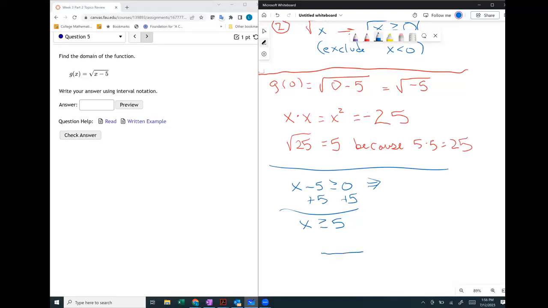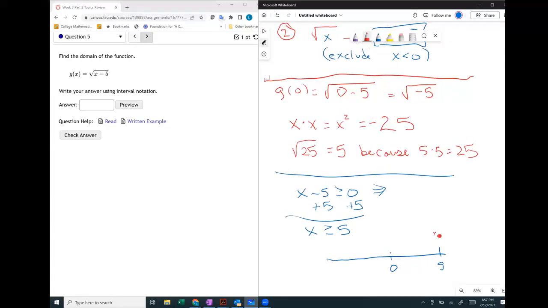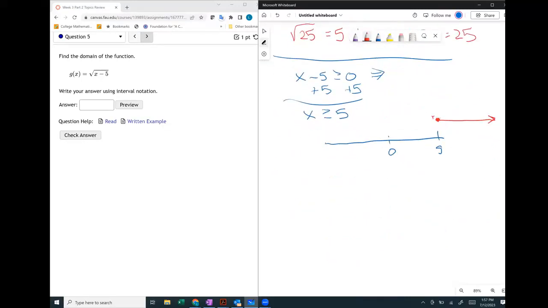If I put that on a number line, it's going to go from here on to infinity. Now that means that my interval for x, well, I can include 5, and I just keep going to infinity. And this would be the answer.